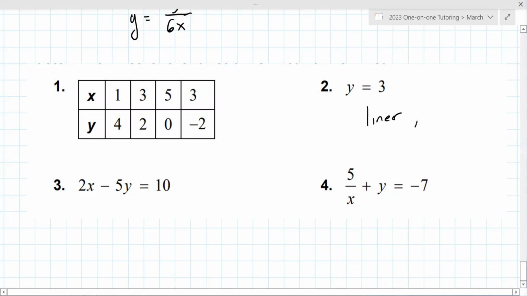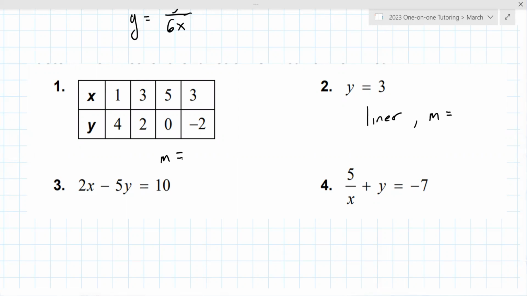Okay, what is the slope if it's linear? The slope for 1 is 2 over, so that's 1, right? Try again. Oh, -1. It'd be -1.